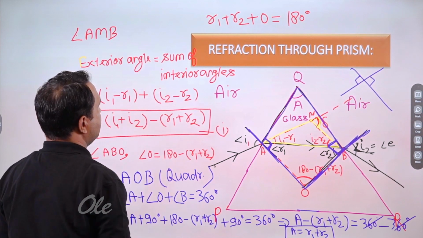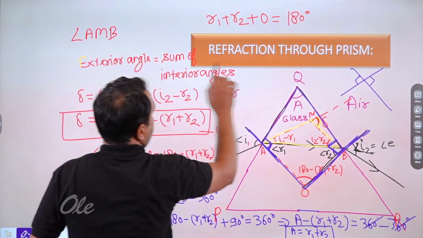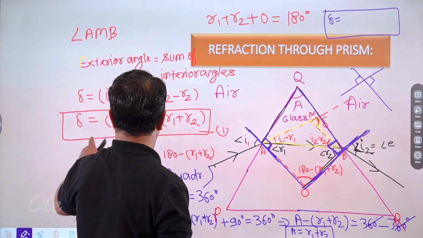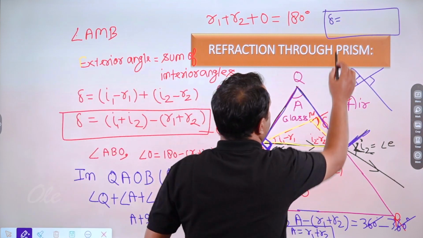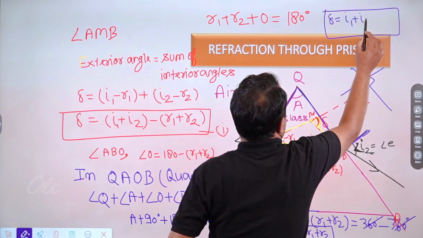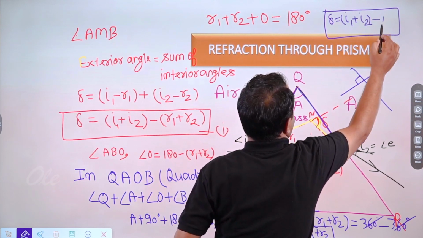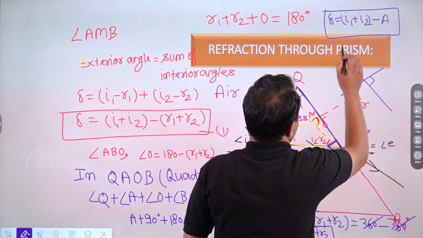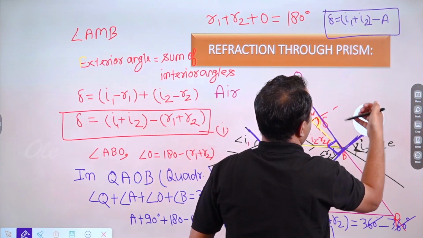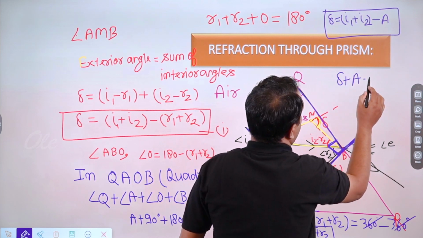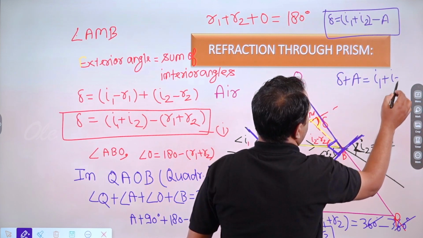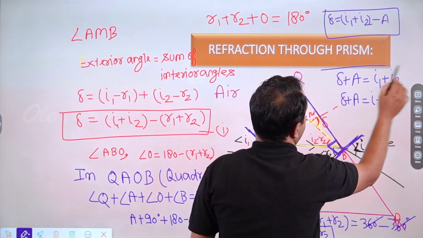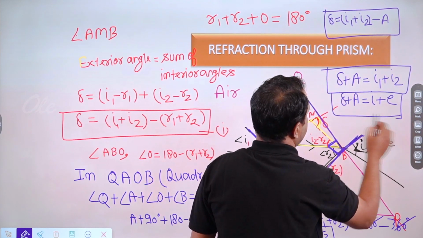So what will we finally get? Del is equal to, using this place, finally we will get del, or angle of deviation, is equal to I1 plus I2 minus A. In place of R1 plus R2 I put A. So minus A, or we can write del plus A is equal to I1 plus I2, or del plus A is equal to I plus E. So these are the formulas we can write down.